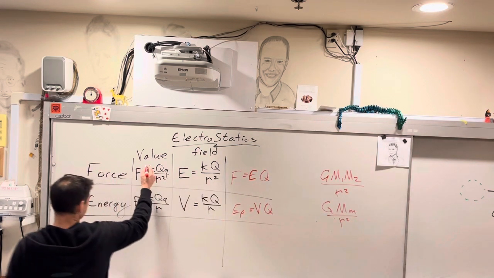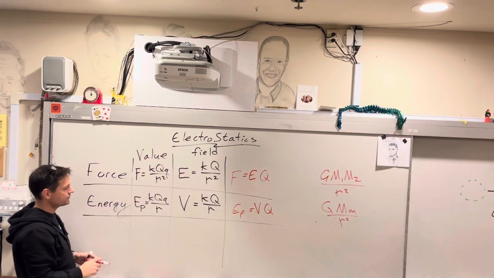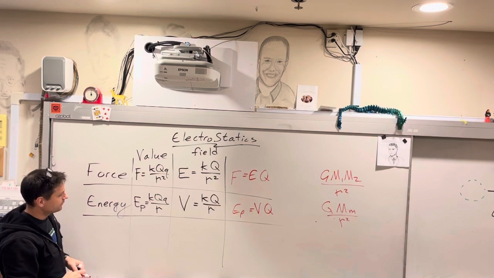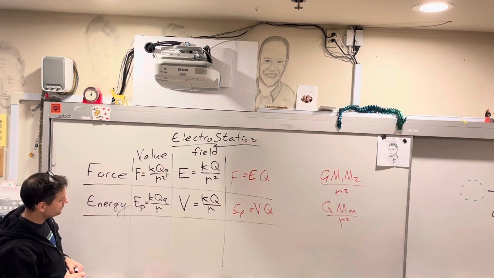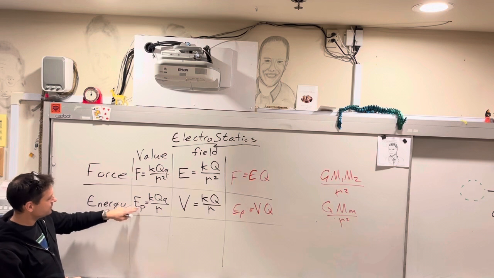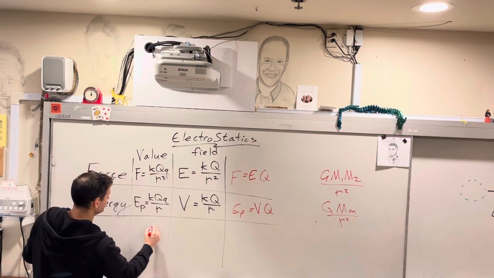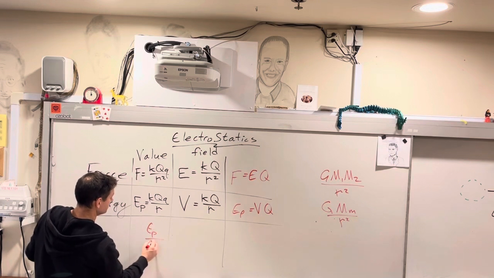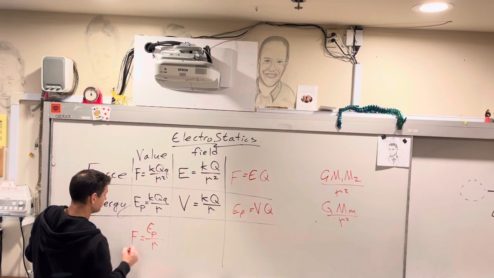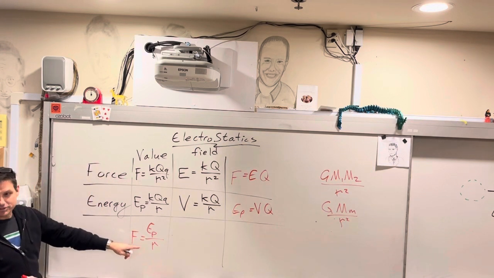Okay, what about this? If we're looking at the values, what would I have to do to the potential energy to make it into force? Divide by r. Yeah, so we can do EP over R would be equal to force. Now, this is an interesting one, right?